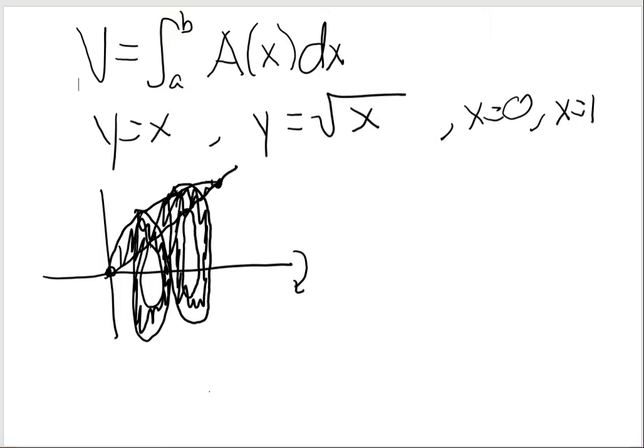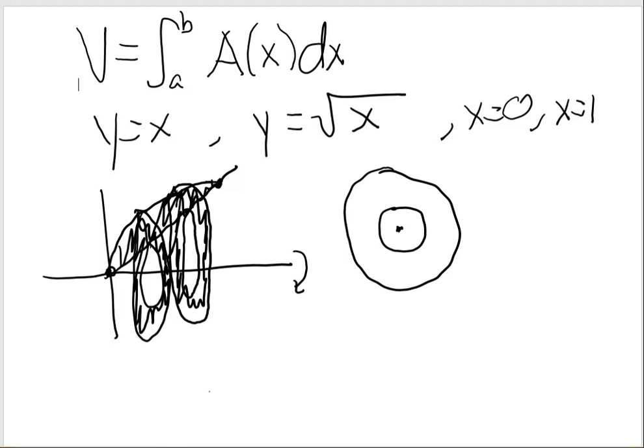Now, I already drew the cross-section. Cross-section looks something like this. Some people like to call this a donut, but in math, we often call this an annulus or a washer.